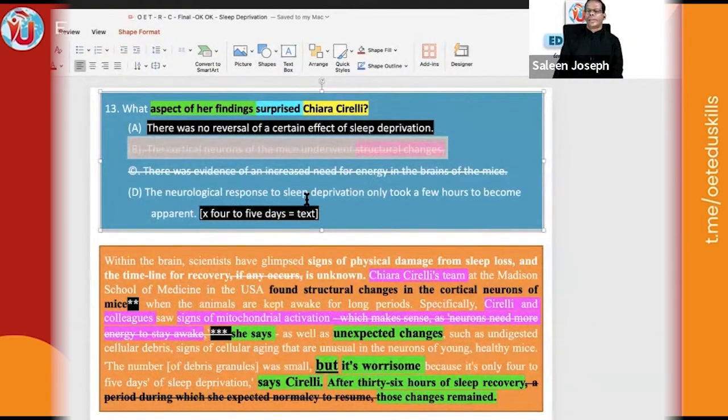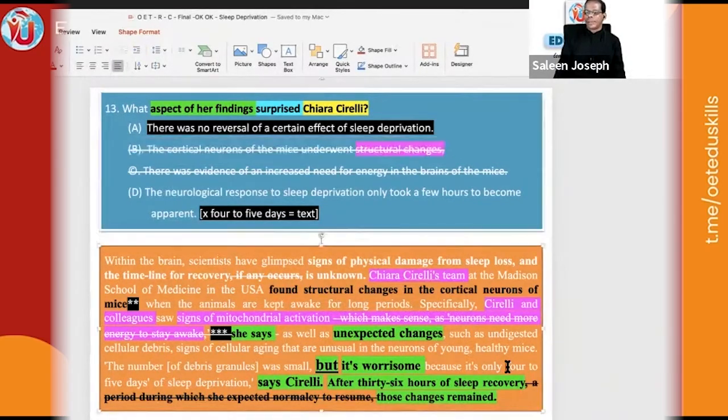And the neurological response to sleep deprivation only took a few hours to become apparent. 4 to 5 days. The text says 4 to 5 days, 36 hours. Is it only a few hours? No. Only a few hours.